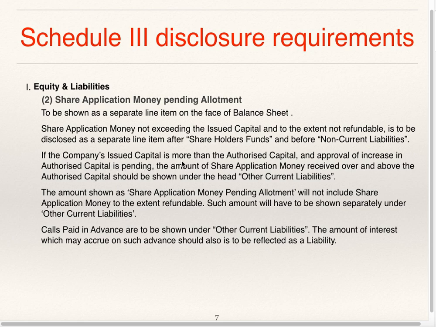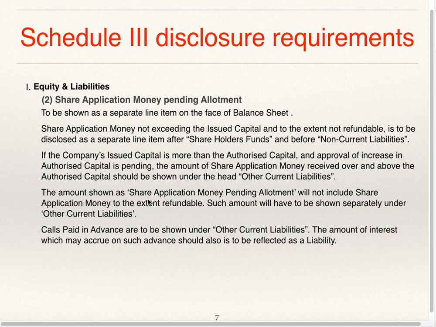If the company's issued capital is more than authorized capital and approval of increase in authorized capital is pending, the amount of share application money received over and above authorized capital should be shown under the head Other Current Liabilities.